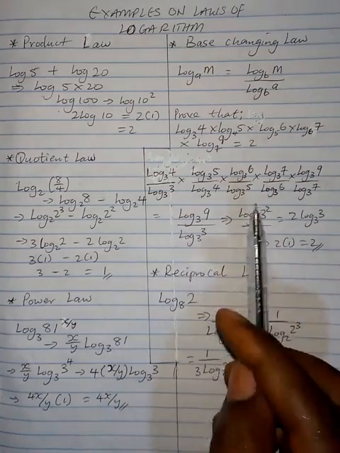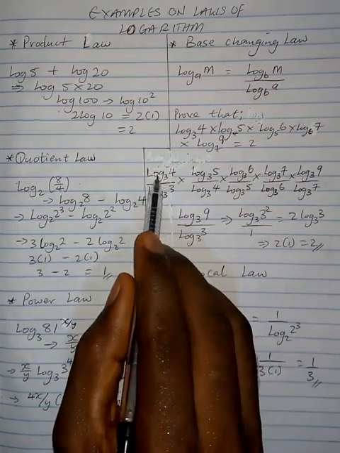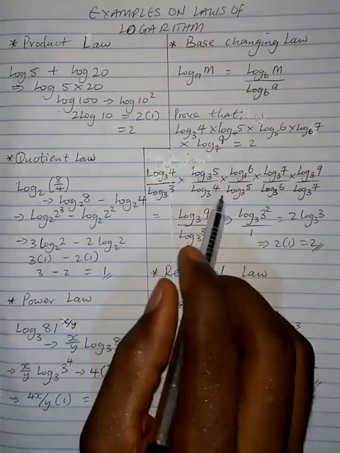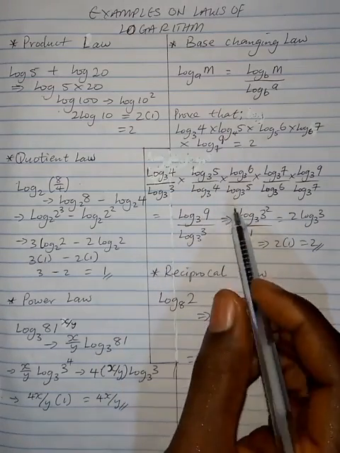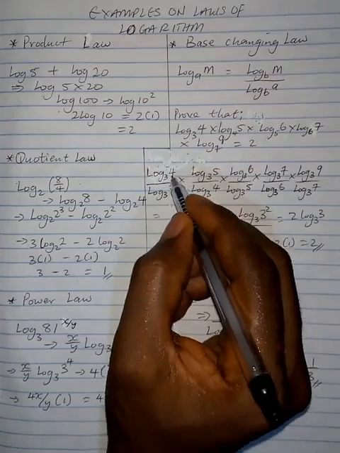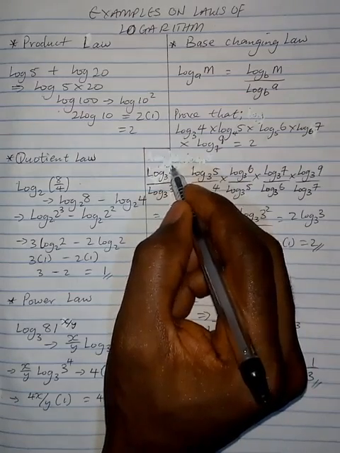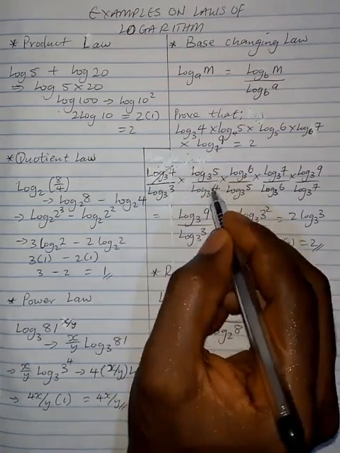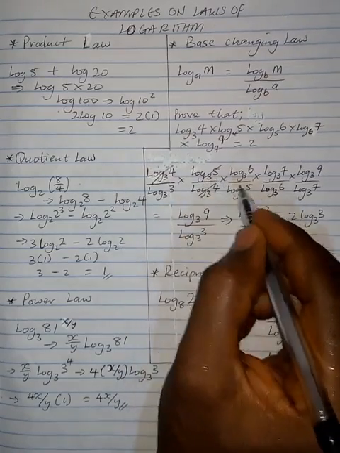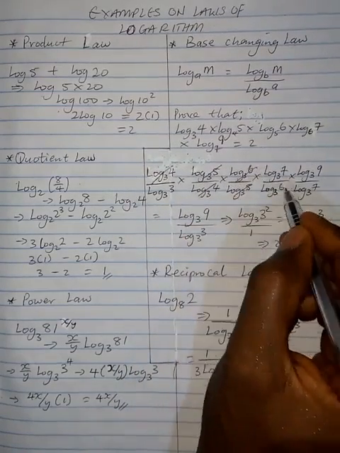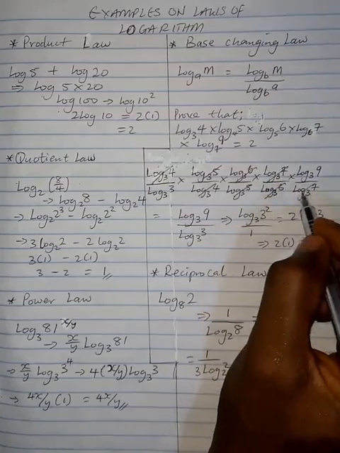Okay, now that we have done that, we find out that there's something common between these. Once you finish doing this kind of log base changing, it is possible for you to start having common things to cancel out. This divided by this will cancel out, this divided by this will cancel out, this divided by this will cancel out, this divided by this will cancel out.